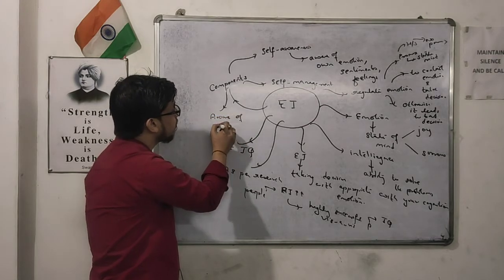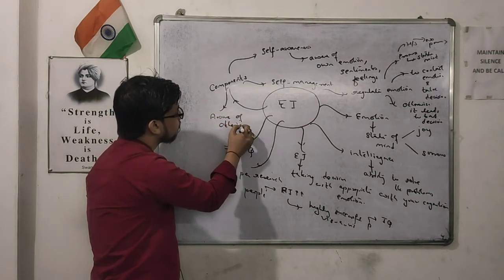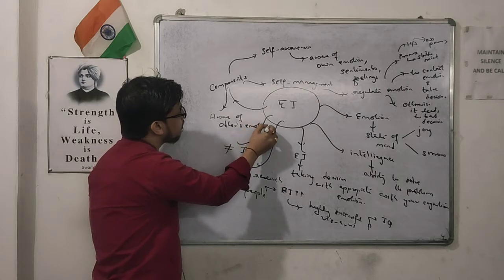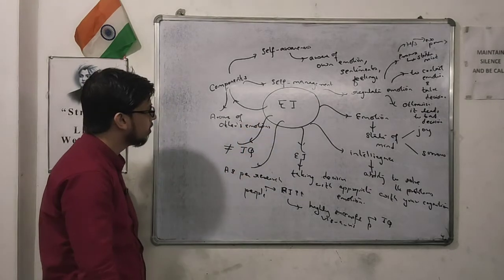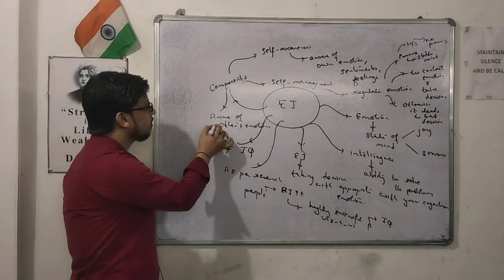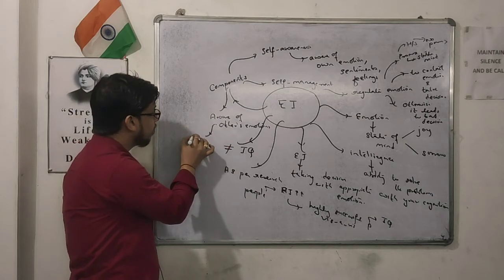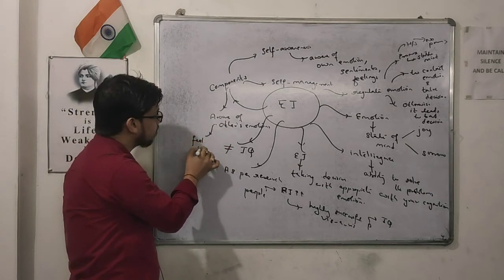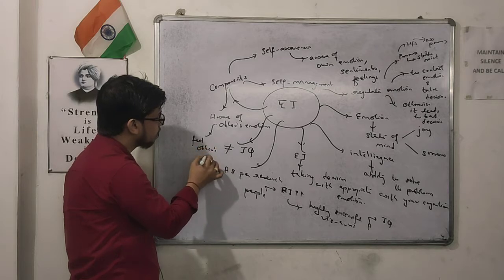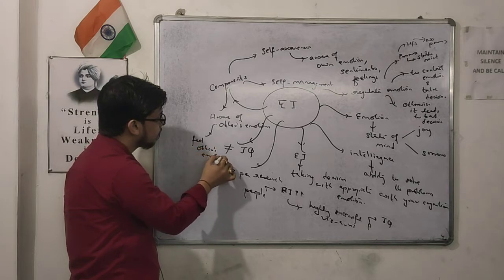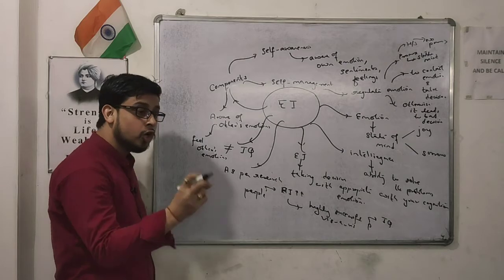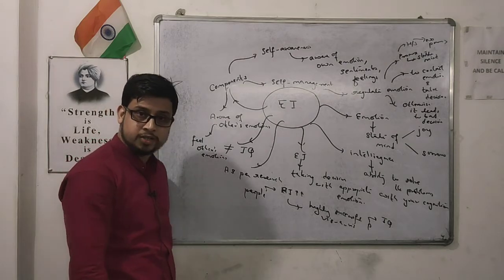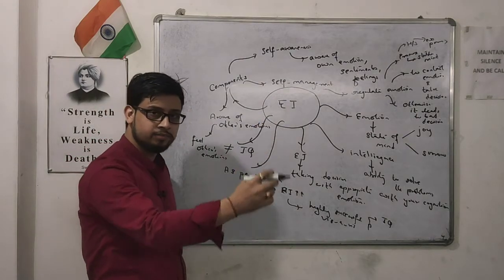And yes, aware of other emotions. Very, very important. What does it mean? Feel others' emotions too. If you are able to decode the emotions of others, then you can take better decisions.